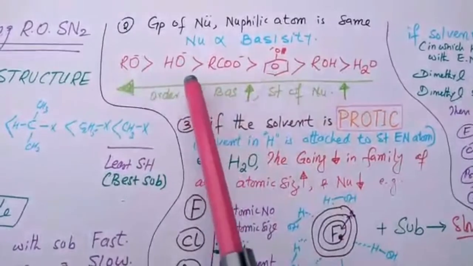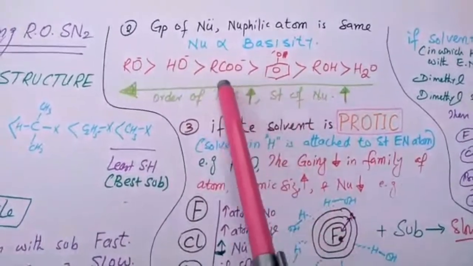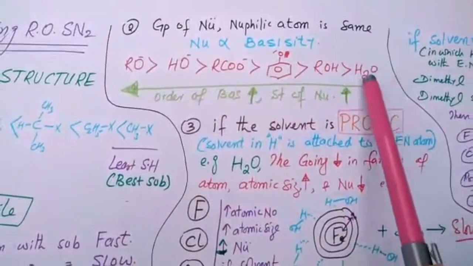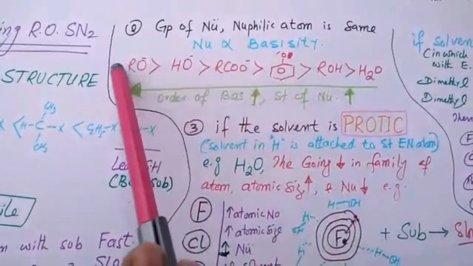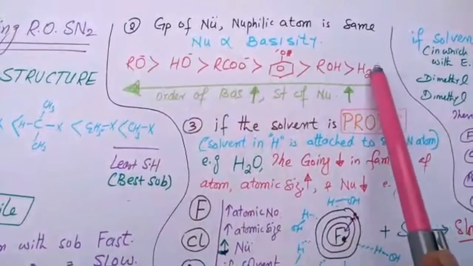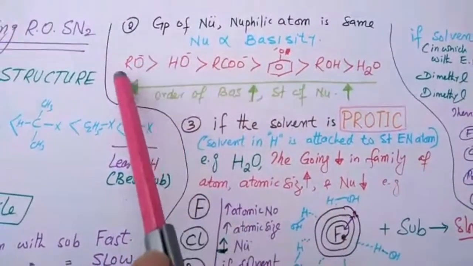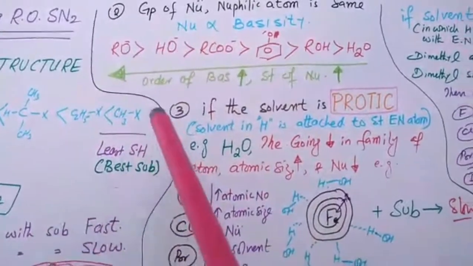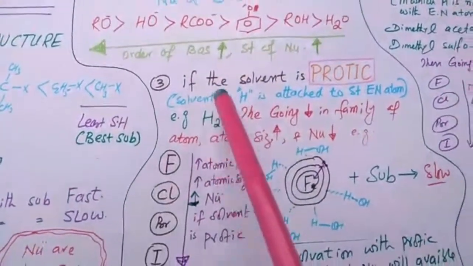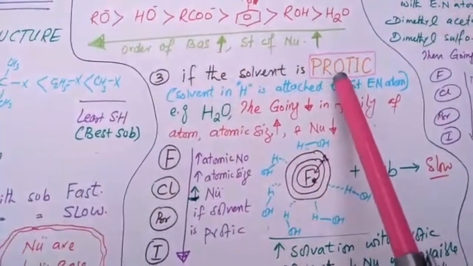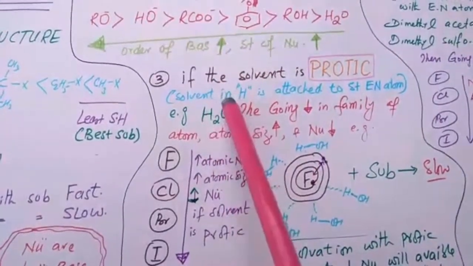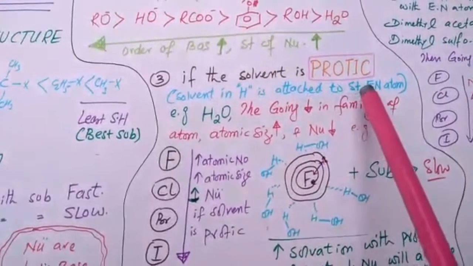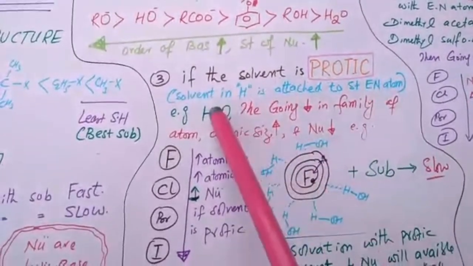In this series, the order of basicity is increasing. This is the best base, this is the weakest base, this is the strongest base, and this is the weak base. This is the strong nucleophile, this is the weak nucleophile, and the others are intermediate. Number three, if the solvent is protic. What is a protic solvent? A solvent in which hydrogen is directly attached to a strongly electronegative atom, for example water.